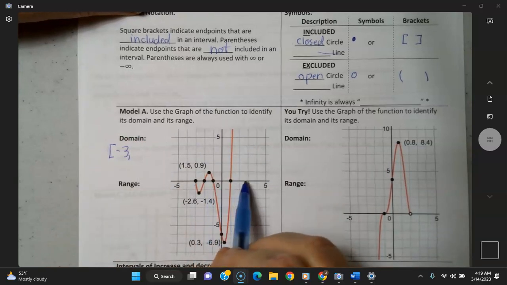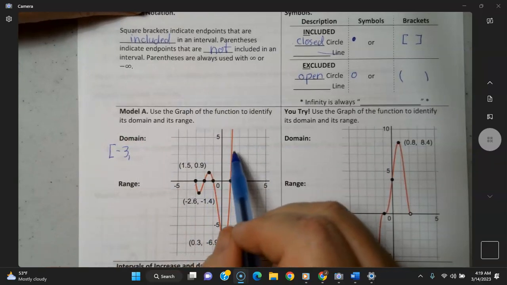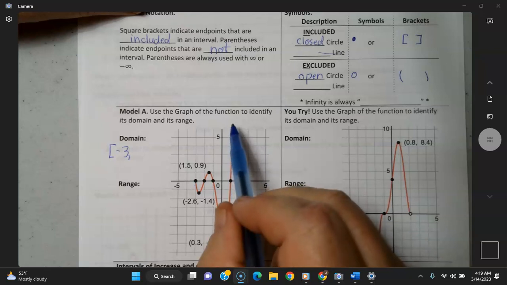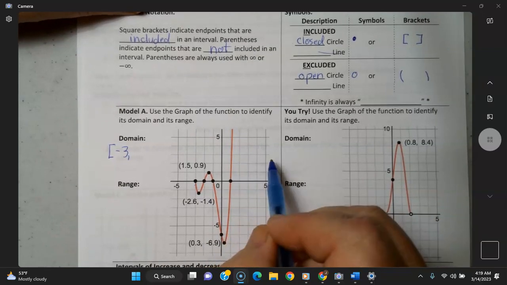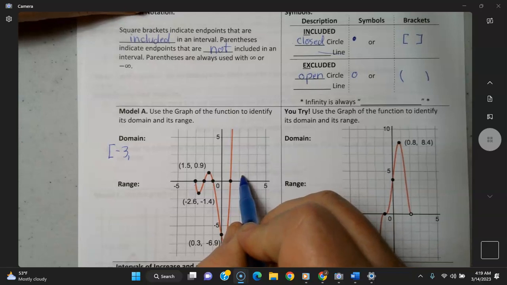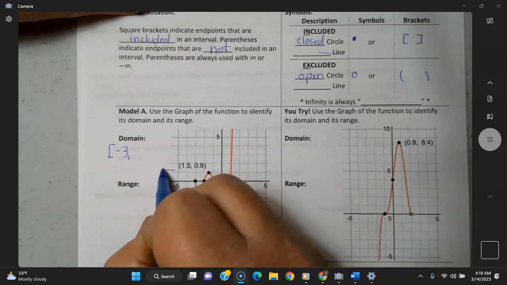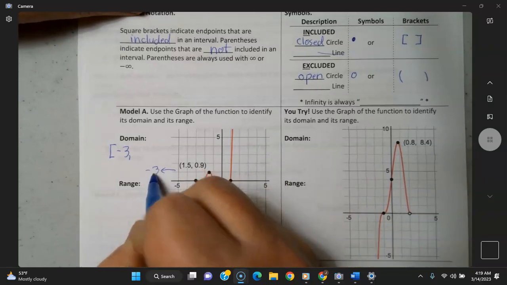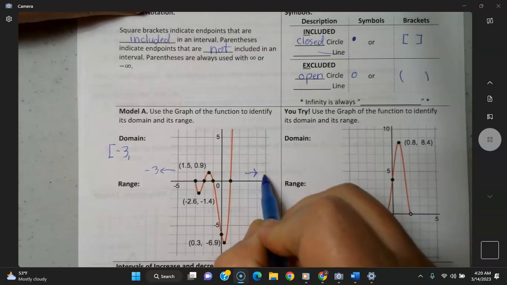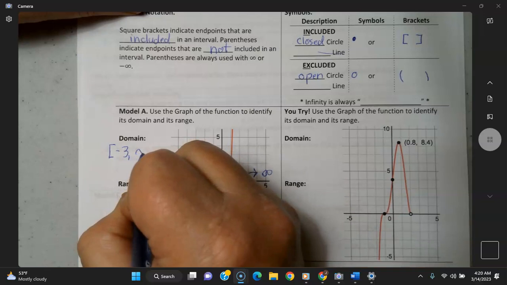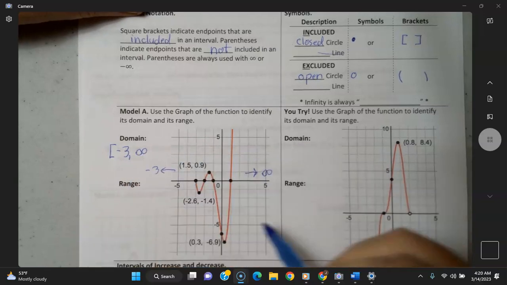And the furthest point to the right is a little tricky. This line goes up. It's a curved line, but it goes up forever, and it continues to move to the right. So over on this side, it's -3. Over on this side, it is infinity. Okay, so it's -3, infinity on the x-axis.